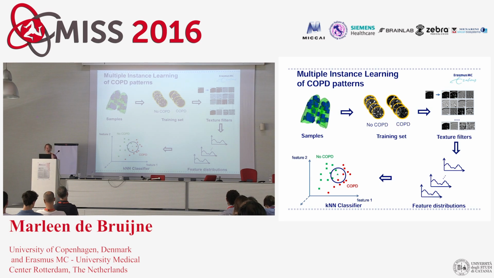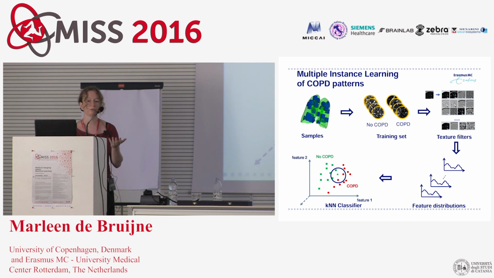What we did here was again a Gaussian multi-scale feature bank with only rotational invariant features. We looked at the feature distributions, and then we defined a distance based on histogram distances for the different filter distributions. And the histogram distance we used here was the earth mover's distance, but you could use other distances there, of course, as well. But in general, earth mover's distance is a good one to use with histograms.